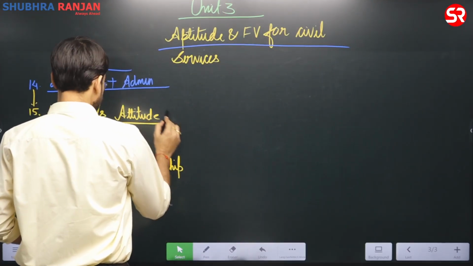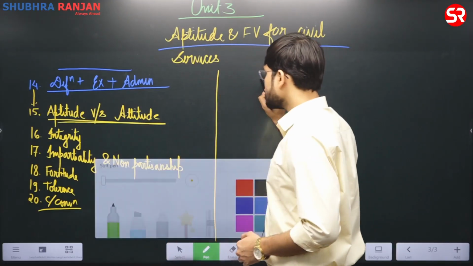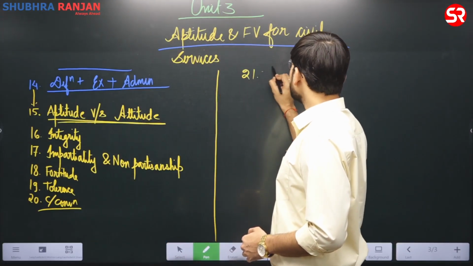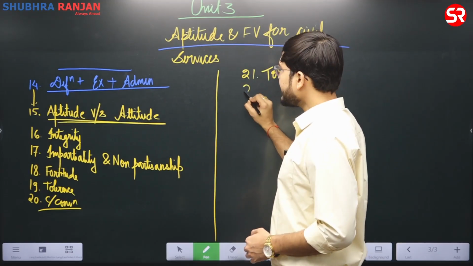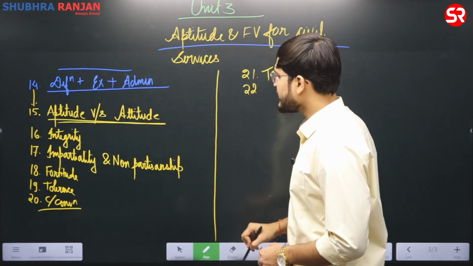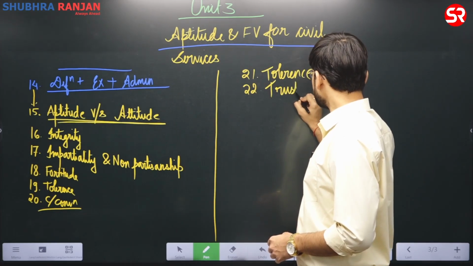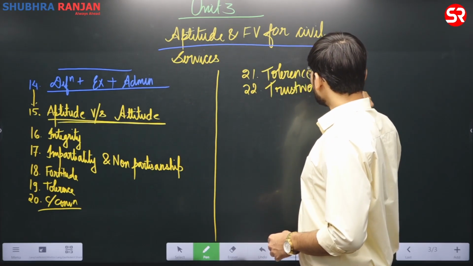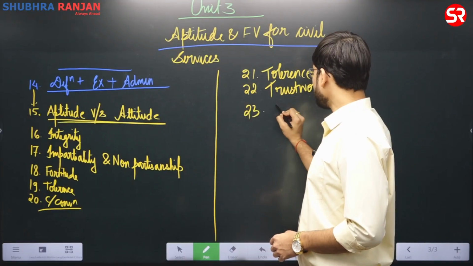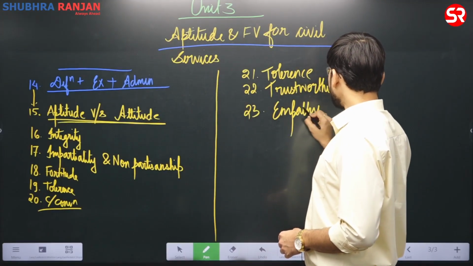They have asked previously also, and they will be asking questions on tolerance. What else will they be asking? They will be asking questions on trustworthiness. And this year, very importantly, they can ask about empathy and compassion.